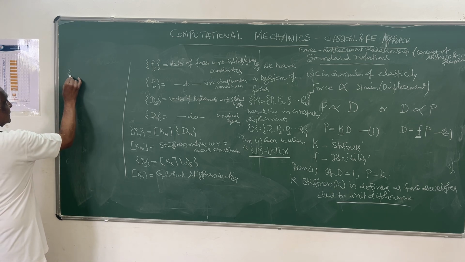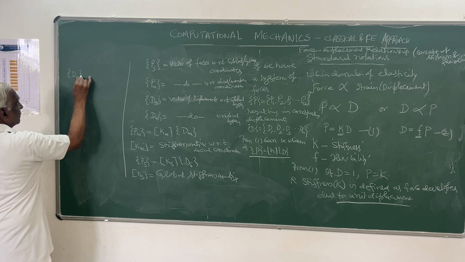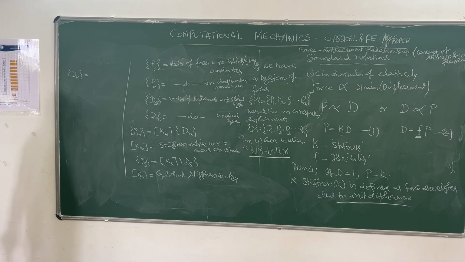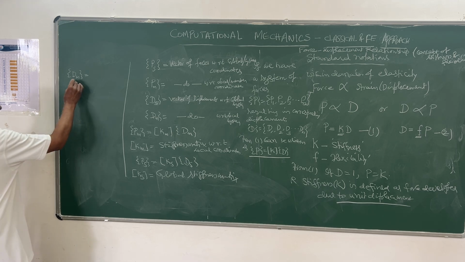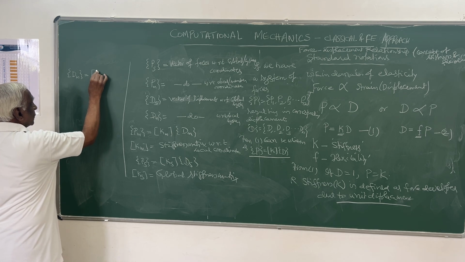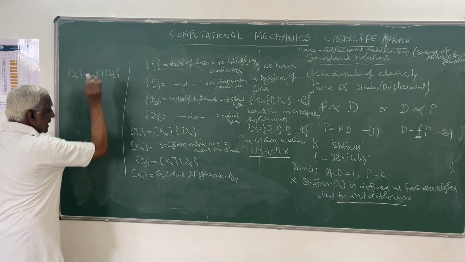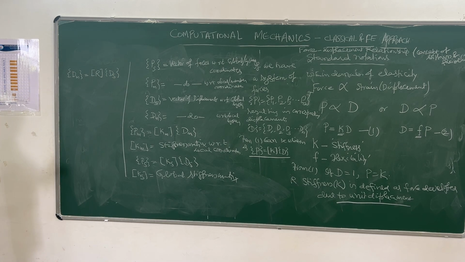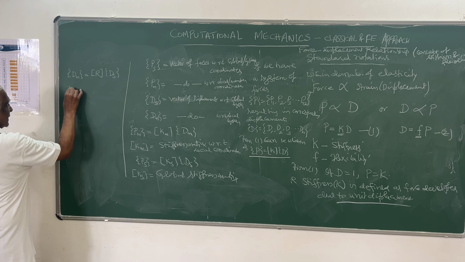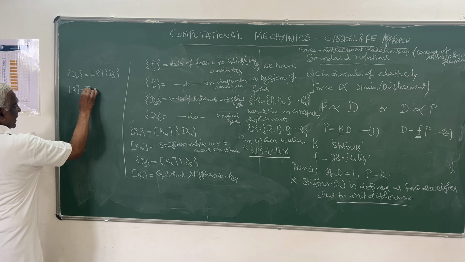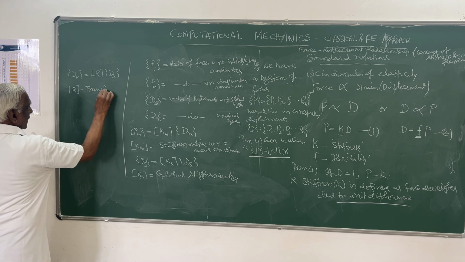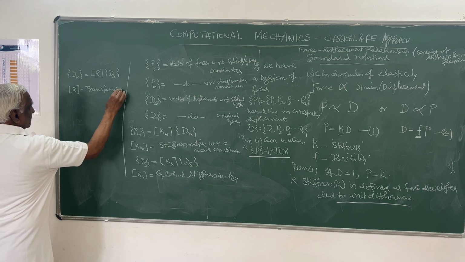And this DM, the local coordinate displacement, is related to global displacement. They are again interrelated, transfer, local to global. And this R is called transformation matrix.